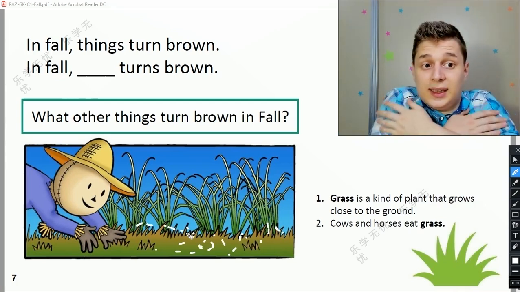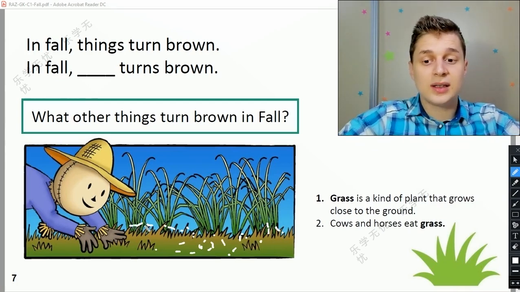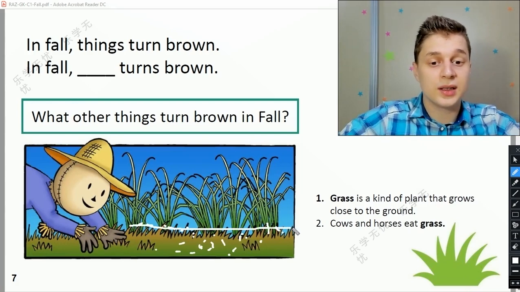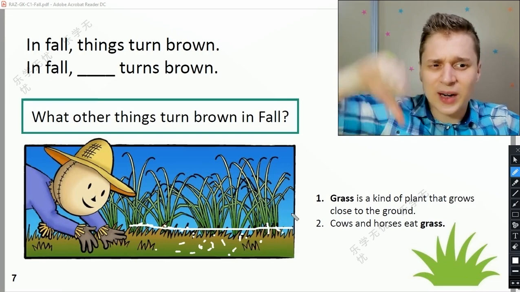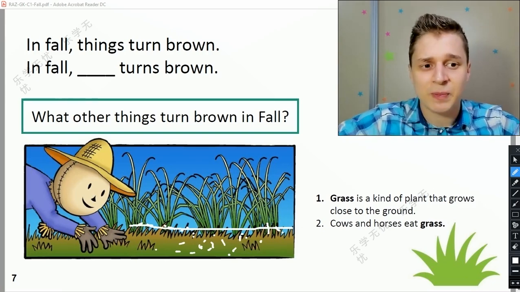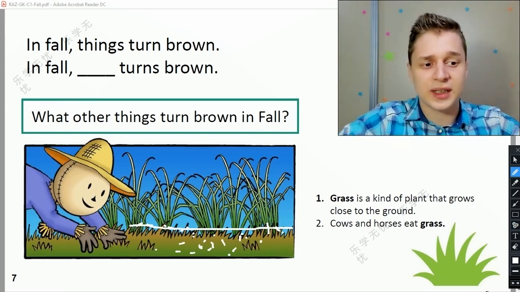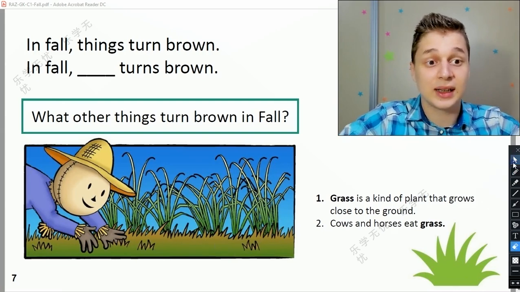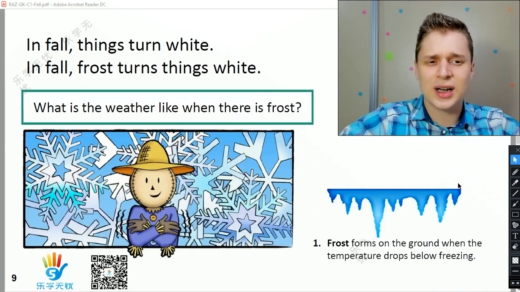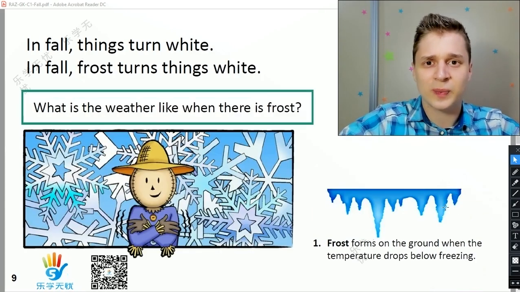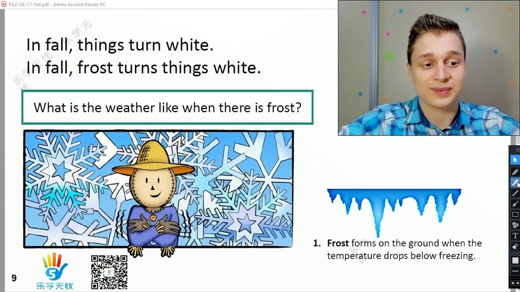If it's really, really cold, you can see a whole layer of frost all over the grass. Frost is very, very bad for plants, for fruits and vegetables. It can kill lots of vegetables in just one night. So I don't like frost very much, especially when it hurts my tomatoes. Let's read the sample sentence down here, and we can move on.